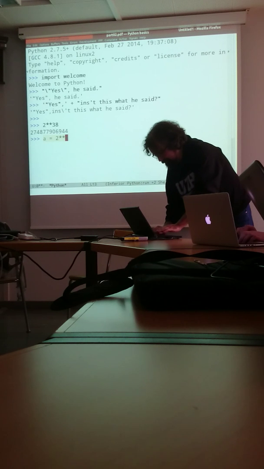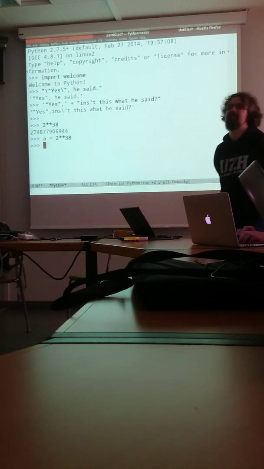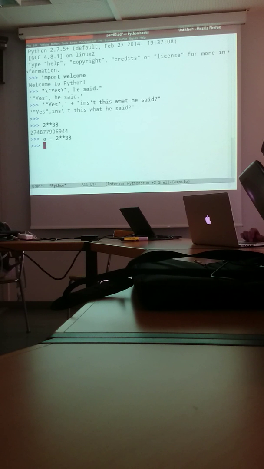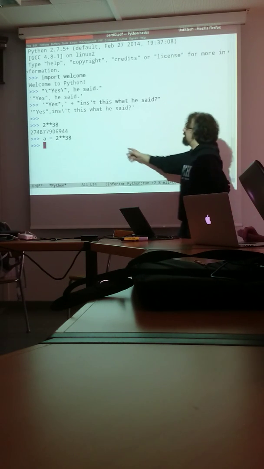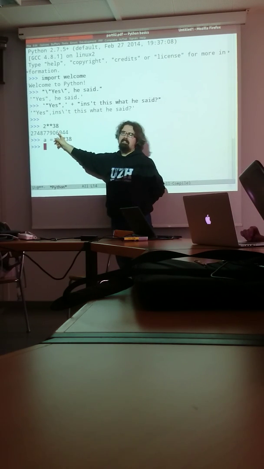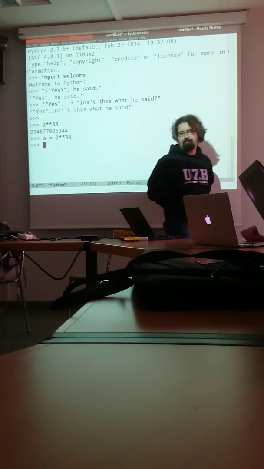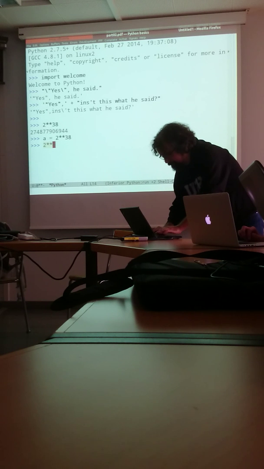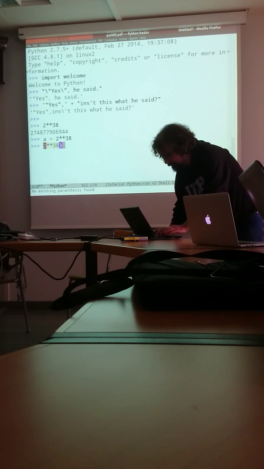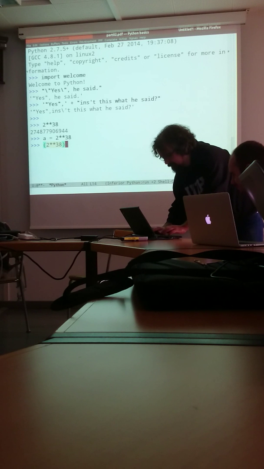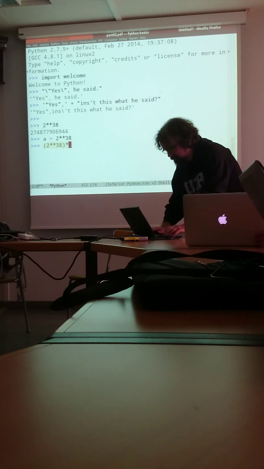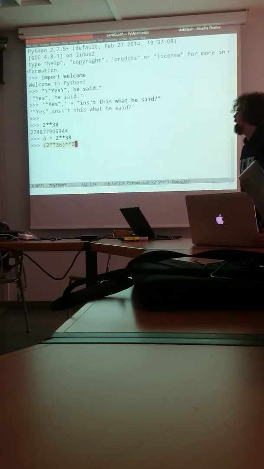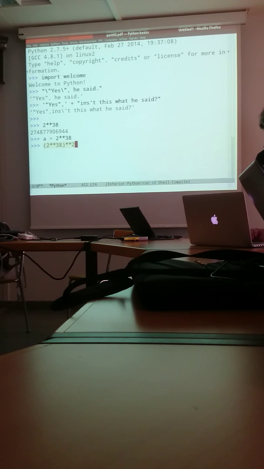Okay, now let's do this. As you might guess, this puts this number into this variable. But now we square that number again. So 2 to the 38 needs 38 bits to be represented.